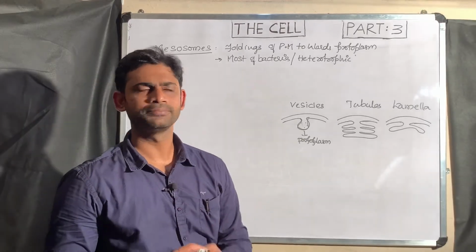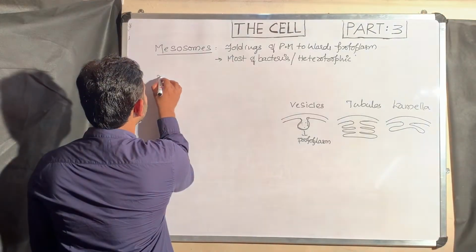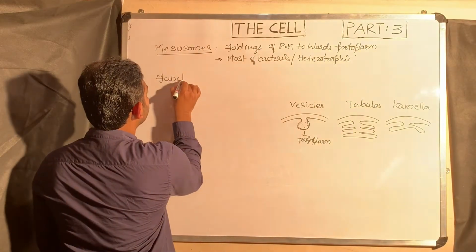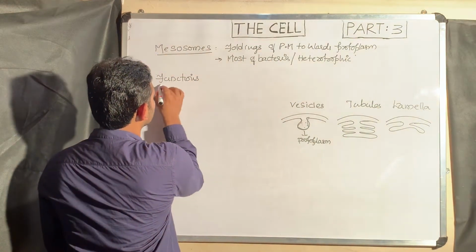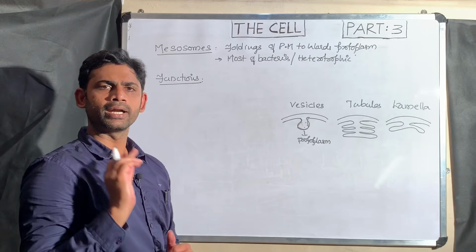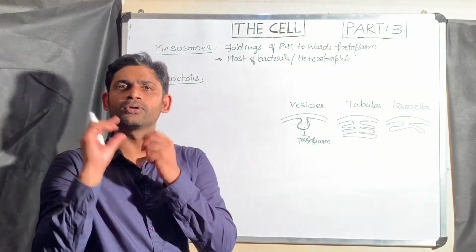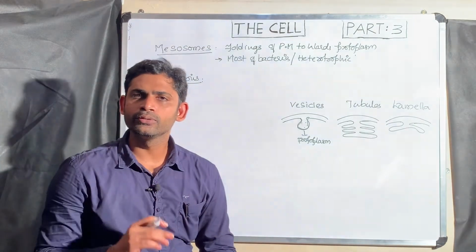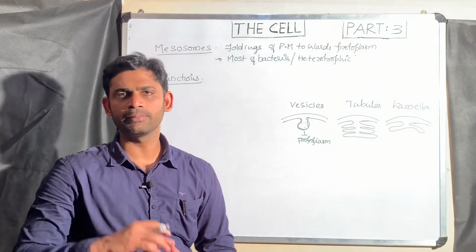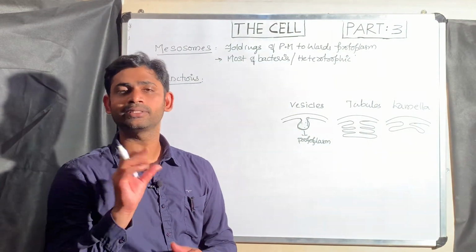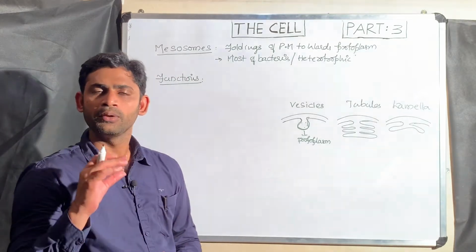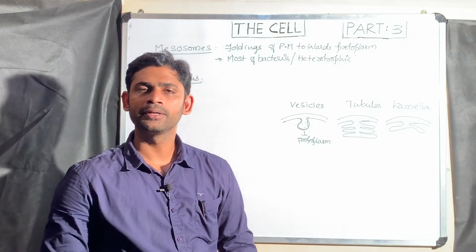Okay, clear now? Now I am going to tell about the function of mesosome. To understand the function of mesosome, go to the eukaryotic cell. In the eukaryotic cell, the cytoplasm contains an organelle called mitochondria, as we know. What is the function of the mitochondria?